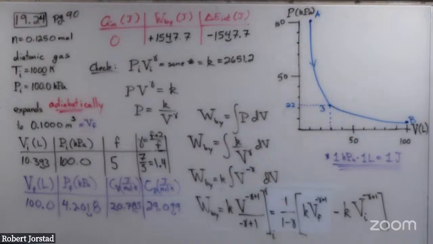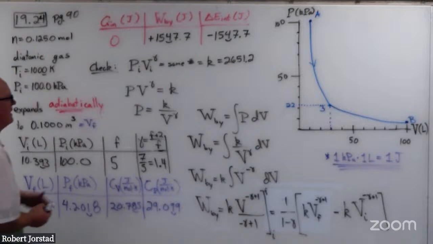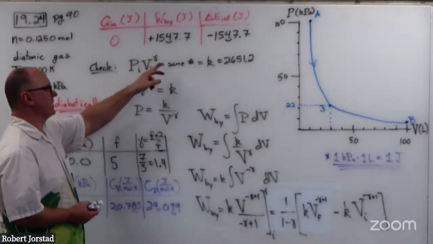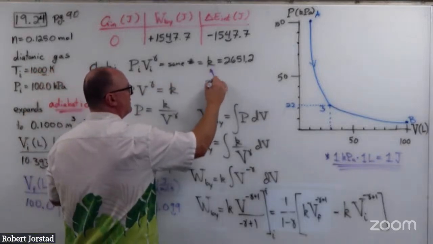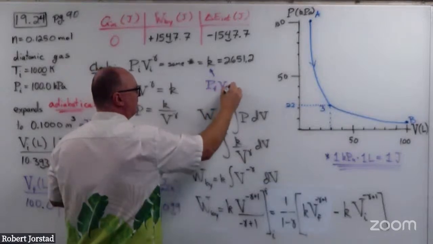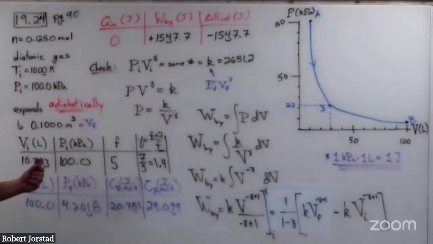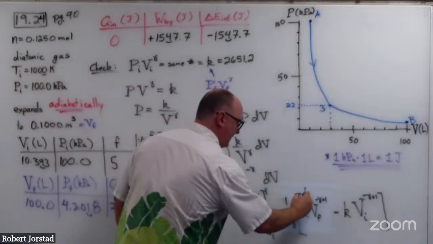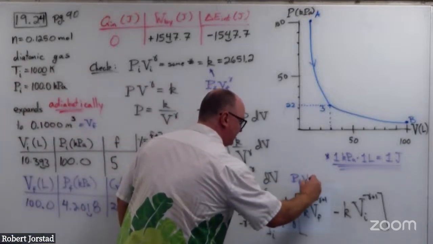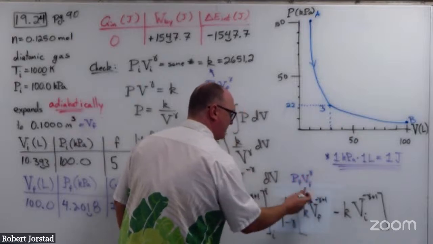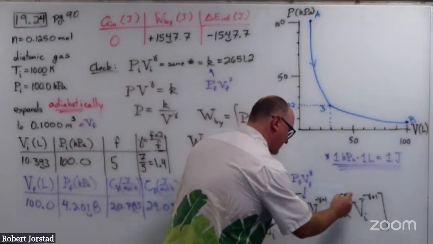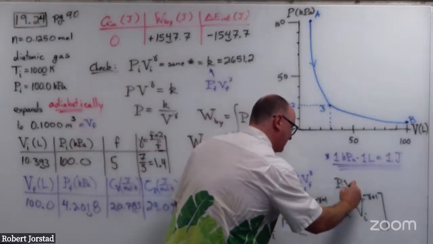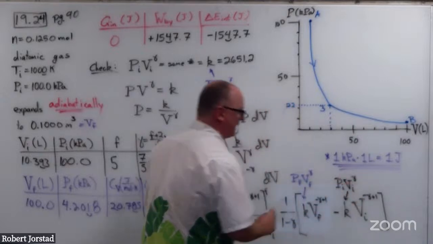If we are clever at this stage, we can make it look a lot prettier. The trick is P initial, V initial to the gamma equals some constant, but isn't that same constant also P final, V final to the gamma? So we plug in K as P final, V final to the gamma for the first term, and we plug in K as P initial, V initial to the gamma for the second term.